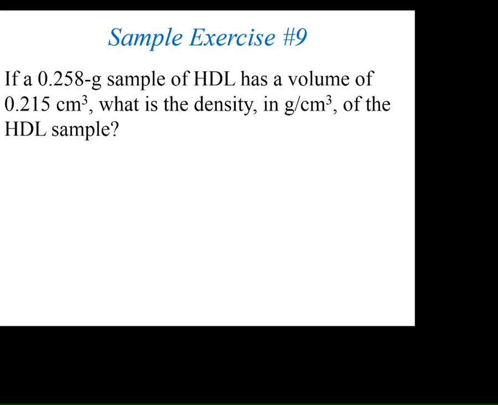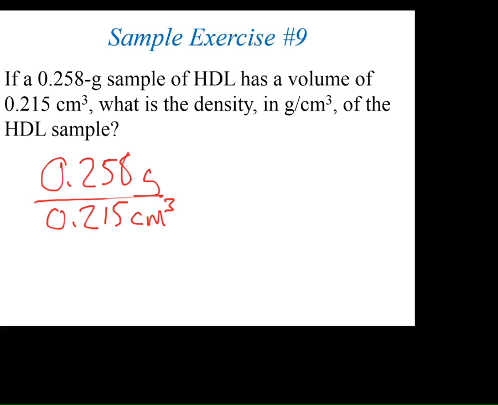Well, pretty much the units tell you exactly, because it tells you, oh, you want the grams divided by the cubic centimeters. So let's take the grams. Let's divide them by the cubic centimeters. And that's pretty much it.